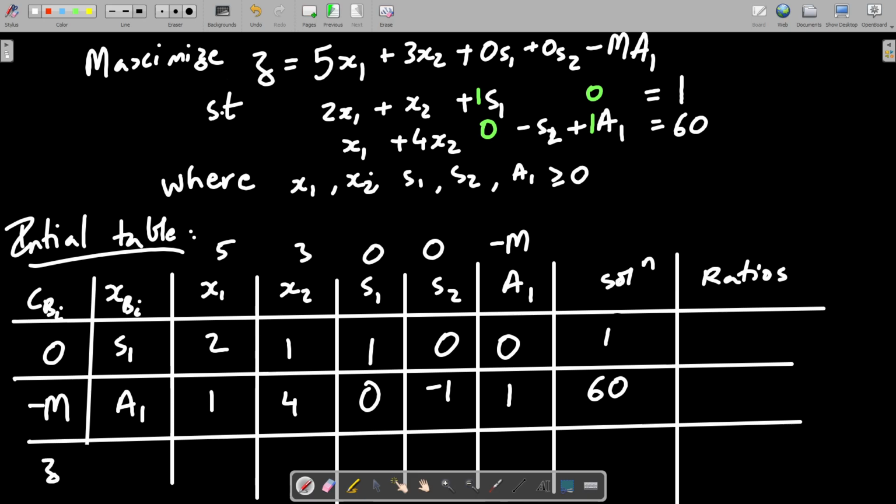Right, now we'll calculate the Zj minus Cj. So multiply here, so you'll get minus M, this into this will give you minus M minus 5. This into this will give you minus 4M minus 3.